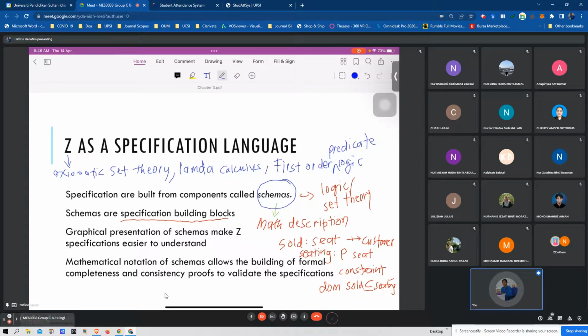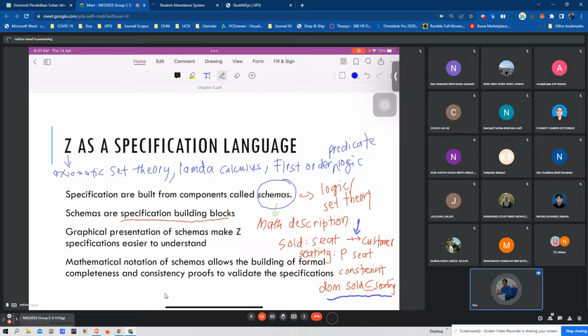The schema itself is based on a mathematical description. For example, we have sold, and we have seating, a partial function here. Later I will describe what a partial function is. Customer, and then seating as a P, we define as a predicate, and then we have a constraint: domain of sold as a subset of seating.